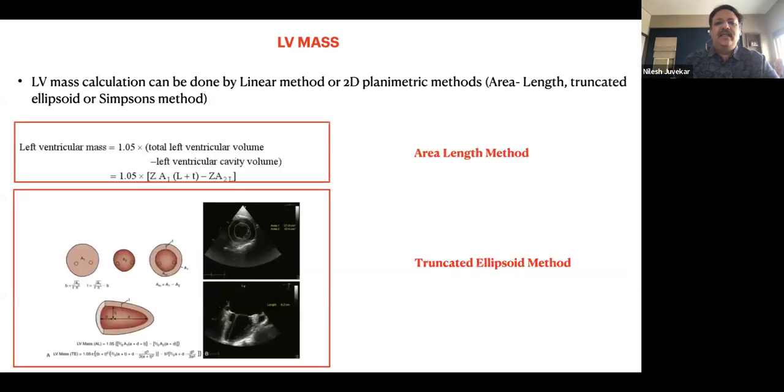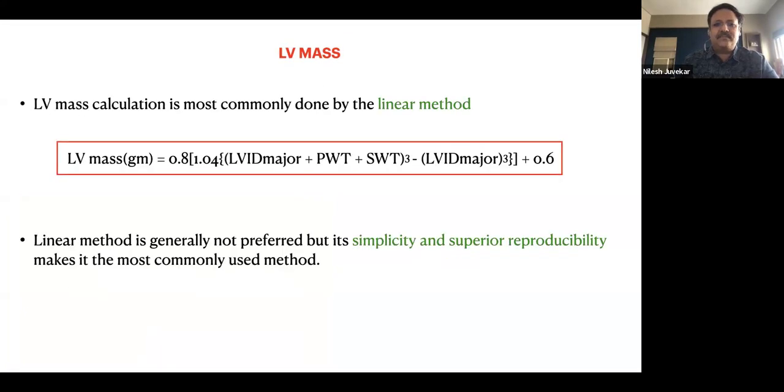So again, it can be calculated either by the linear method or the 2D planimetric methods. The 2D planimetric methods again are either by the area length or the truncated ellipsoid or the Simpson's method. But here we can see that both of these are very complicated. And as a result of this complexity, the linear method becomes the method of choice for calculating the LV mass.